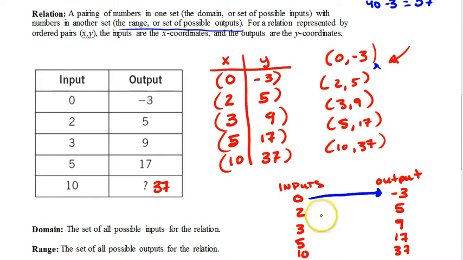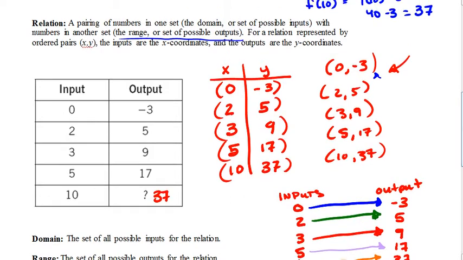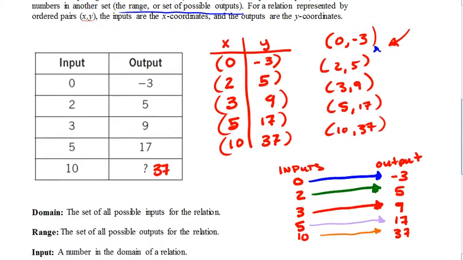In our second ordered pair, 2 is mapped to 5, 3 is mapped to 9, 5 is mapped to 17, and 10 is mapped to 37. So this would be a mapping diagram of our data. So we can have an input-output table, an XY table, a set of ordered pairs, or a map.